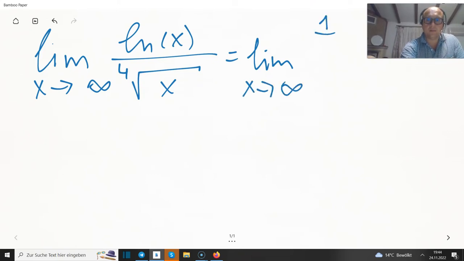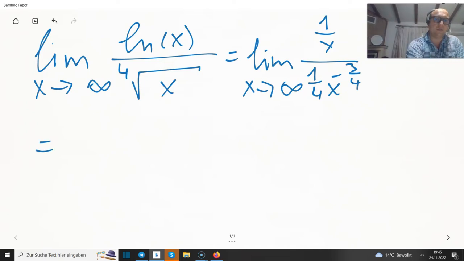Well, we're going to get 1 divided by x in the numerator, and here we got x to the power of a quarter, so it's going to be a quarter x to the power of minus 3/4. Can we simplify it?